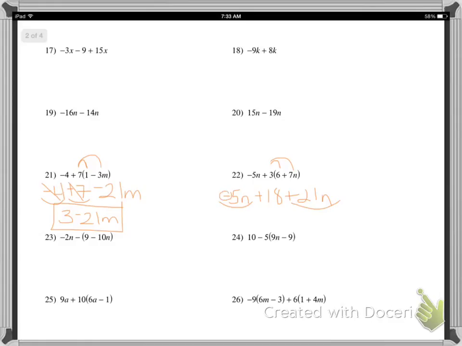One's a negative, one's a positive. Different signs, find the difference, sign of the higher number. 21 is bigger than 5, so my answer is going to be positive. 5 from 21 is going to give me, what's it going to give me? 16. I just double checked that in my head. I don't want to screw it up. 16n. The n comes along for the ride. Plus 18. Final answer. Nice.